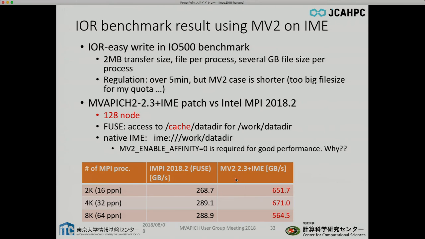Actually, Ember pitch 2.3 does not have an IME mode, so I merged the IME part from the latest M pitch GitHub with Ember pitch 2.3. And so native IME can be specified like this.